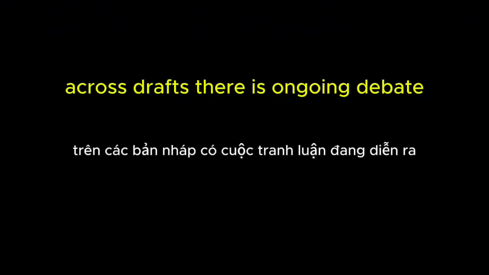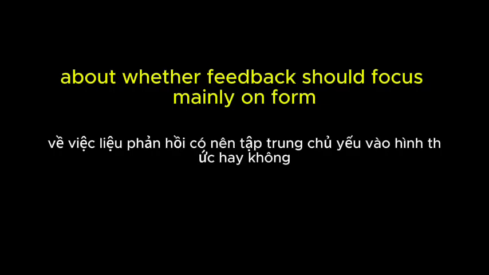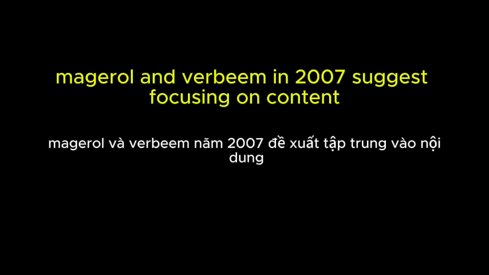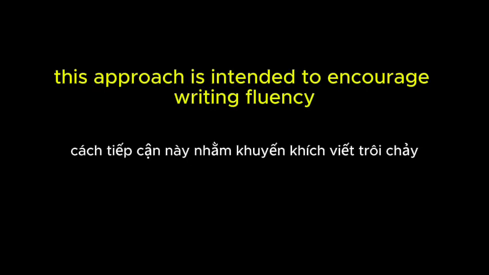There is ongoing debate about whether feedback should focus mainly on form or on content, and different researchers suggest different priorities. McGarrell and Verbeem in 2007 suggest focusing on content in early drafts. This approach is intended to encourage writing fluency.